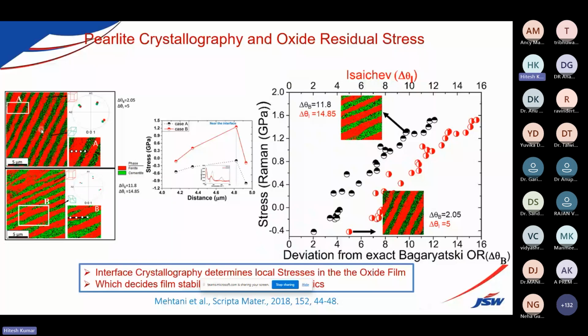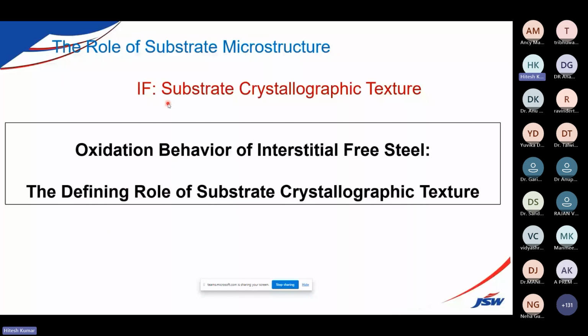From here, I'm moving toward the second part, and this paper was published during my PhD in Scripta Materialia. In the second part, I'm going to talk about interstitial-free steel. As I already told you, in interstitial-free steel only one phase is present, that is ferrite.